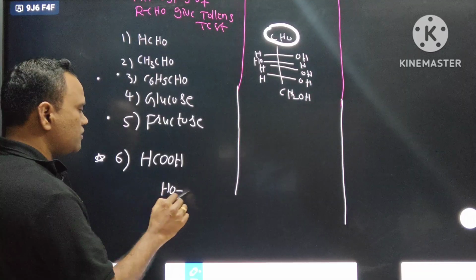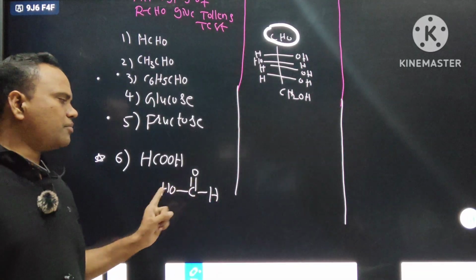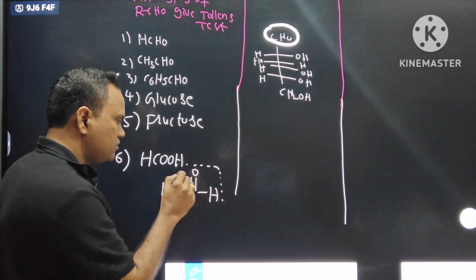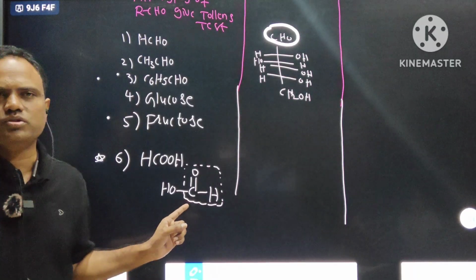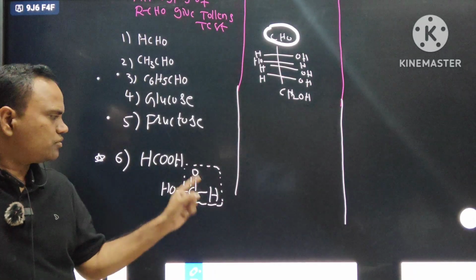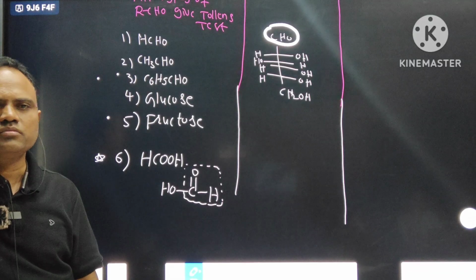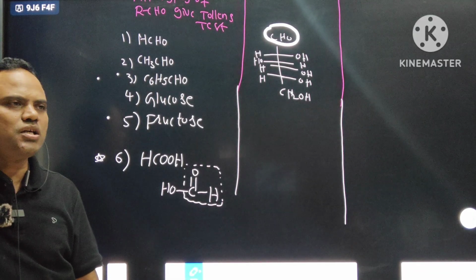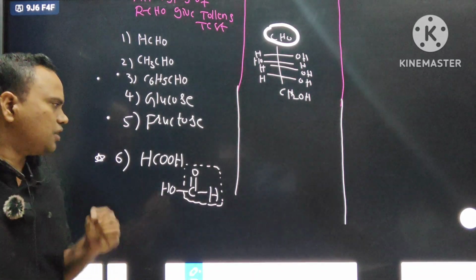Draw formic acid like this: H, C double bond O, OH. This part is resembling which part? CHO. Correct. Formic acid is an exceptional case.